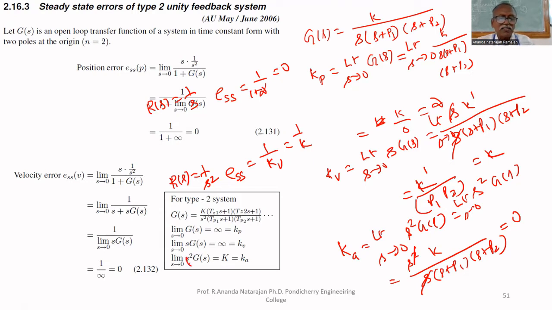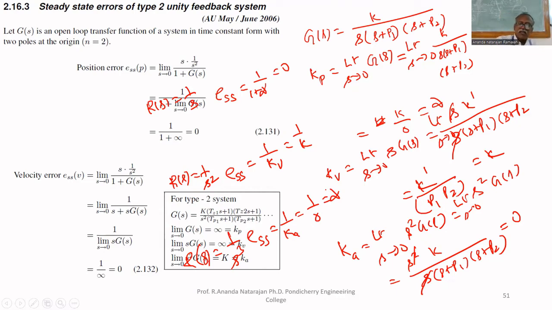What if it is acceleration input? Acceleration input means R(s) equal to 1 upon s cube. The steady state error equals 1 by Ka, that is 1 by 0, again infinity. The error is moving down.